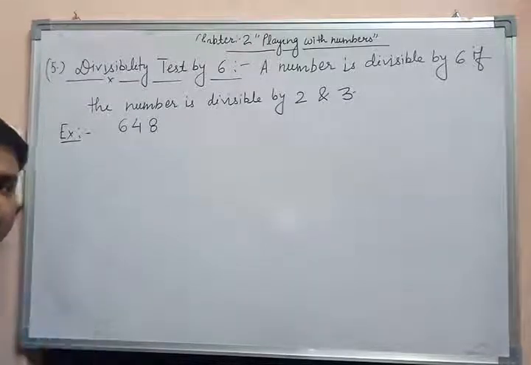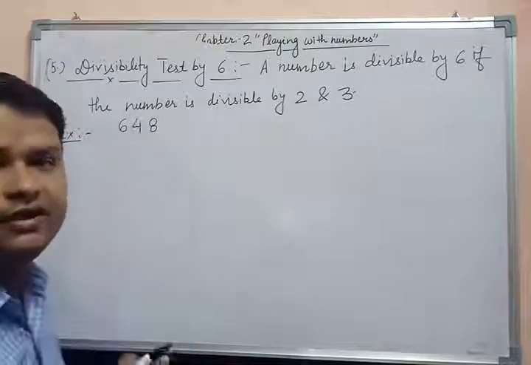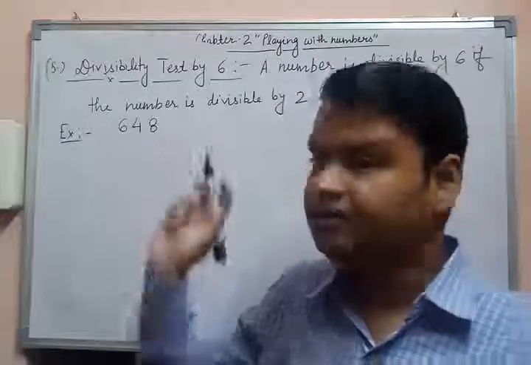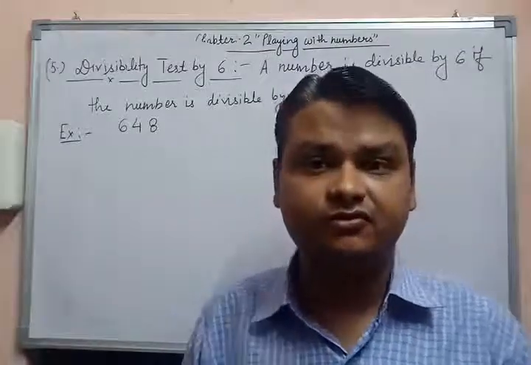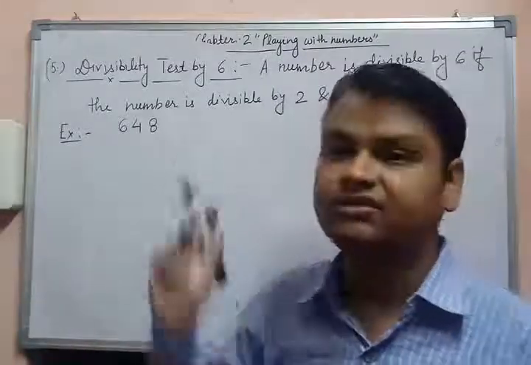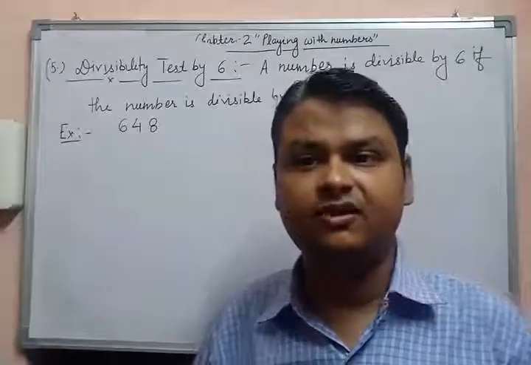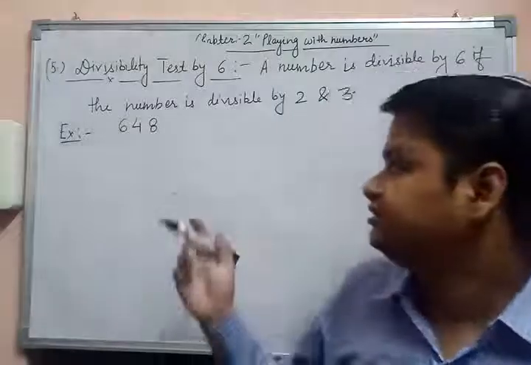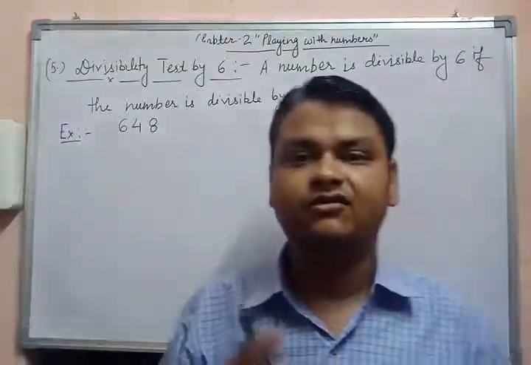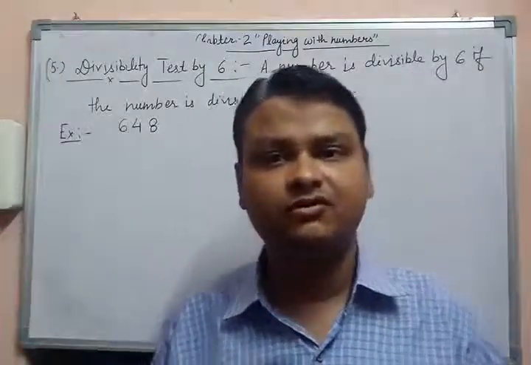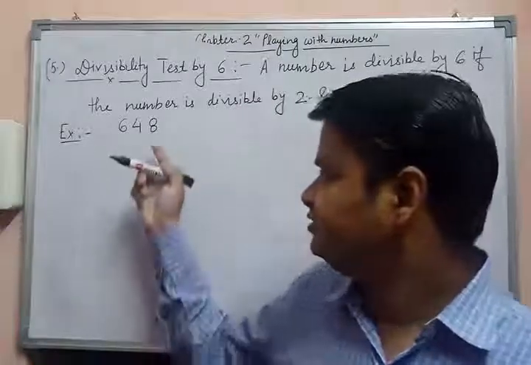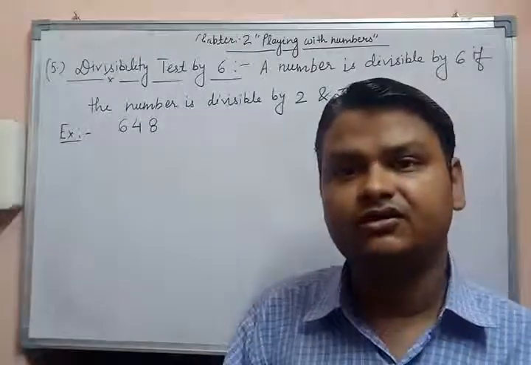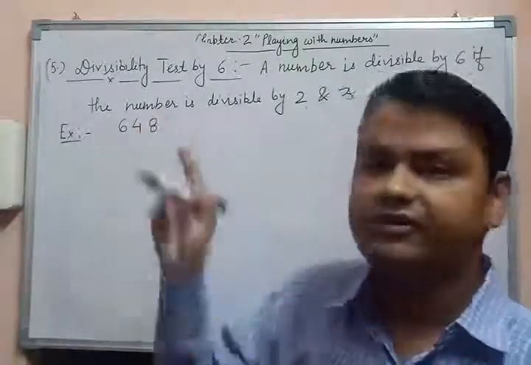First of all you have to check whether this number is divisible by 2. Yes, because the last digit is 8, so this number is divisible by 2. And if we sum all the digits, 6 plus 4 is 10 and 10 plus 8 is 18, which is also divisible by 3. So this checks that this number is divisible by 2 and 3. So the whole number will be divisible by 6.